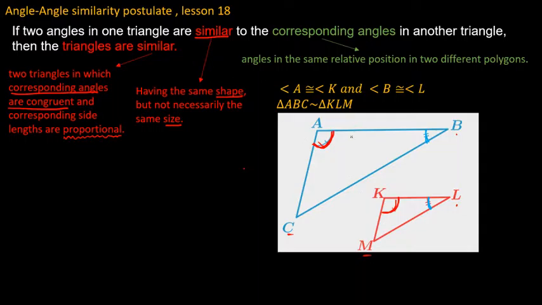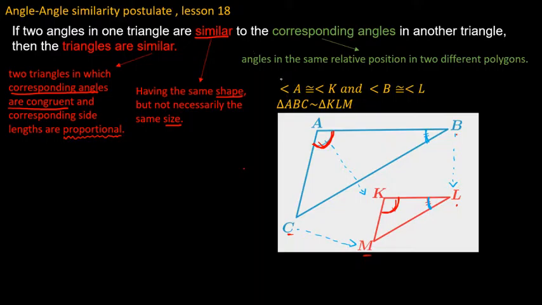Okay, so notice that I picked out two angles in one triangle, my triangle ABC, and I'm talking about their similarity with their corresponding angles, right? A corresponds to K, B corresponds to L, C corresponds to M. So if I've got my two sets of corresponding angles and they are similar, then my triangles are similar.